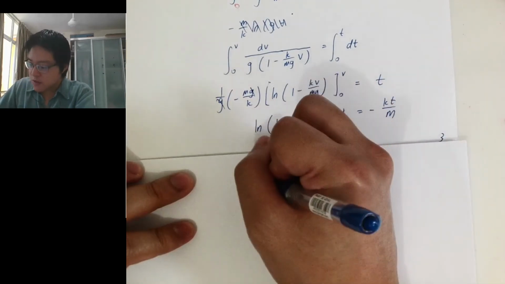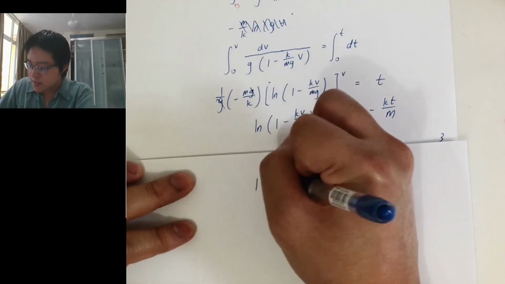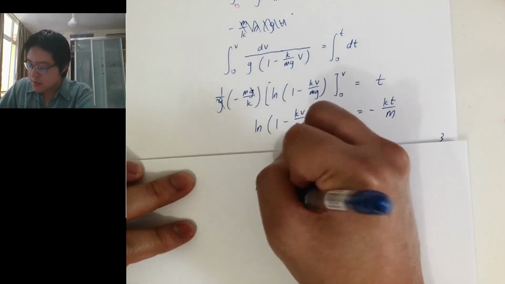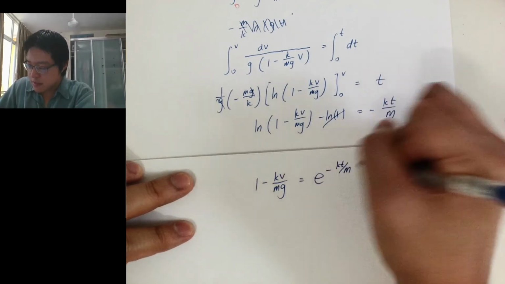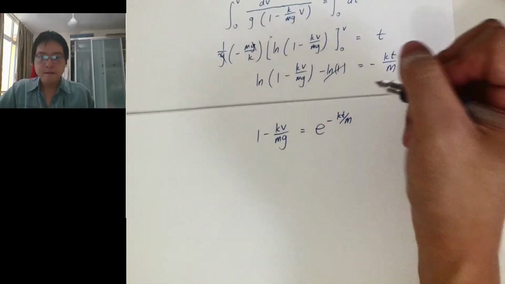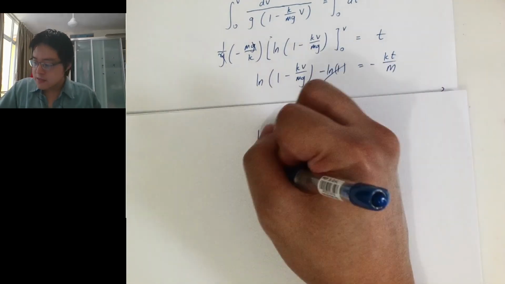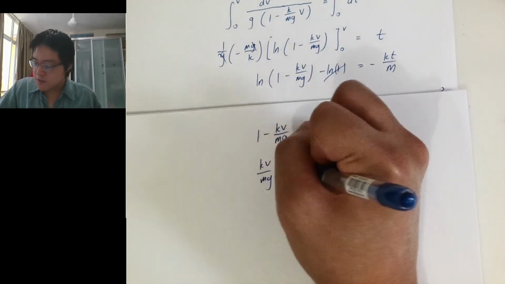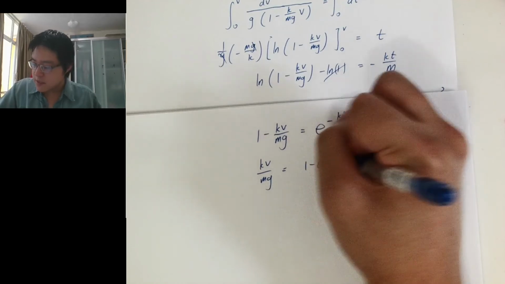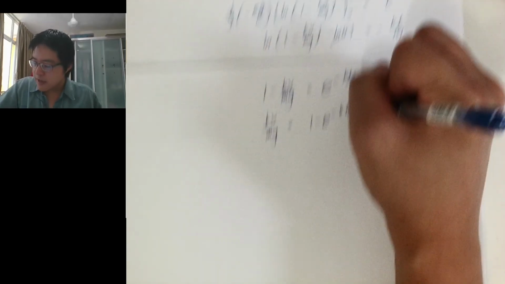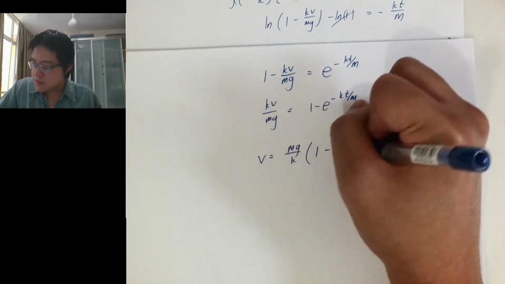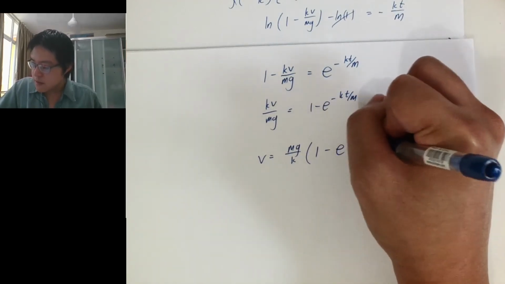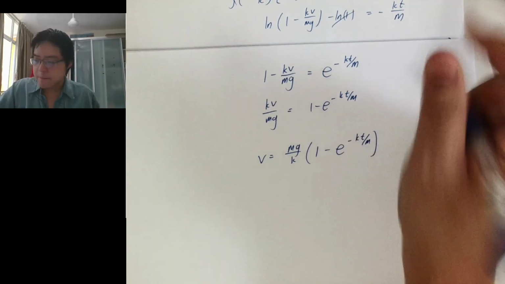Taking e to the power of both sides means the exponential will cancel the ln, and then on the right hand side is just e to the power of negative kt over m. Then I solve this for v. So this thing equals 1 minus e to the power of negative kt over m. Therefore my v is just mg over k, times 1 minus e to the power of negative kt over m.